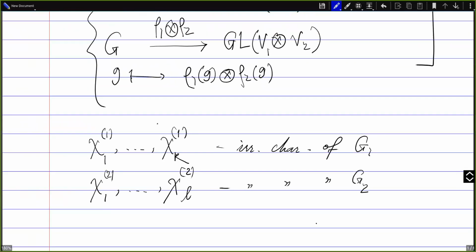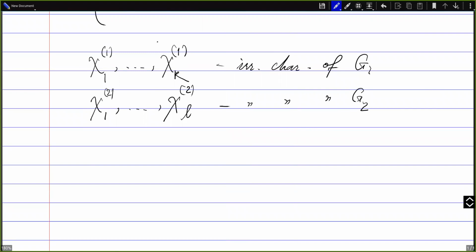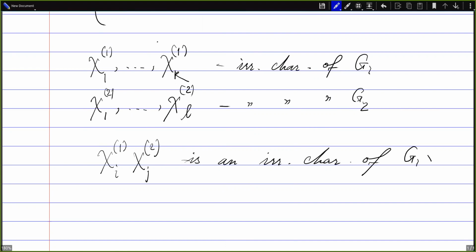Then we will now prove that, first of all, chi_I^1 times chi_J^2 is an irreducible character of G1 times G2.